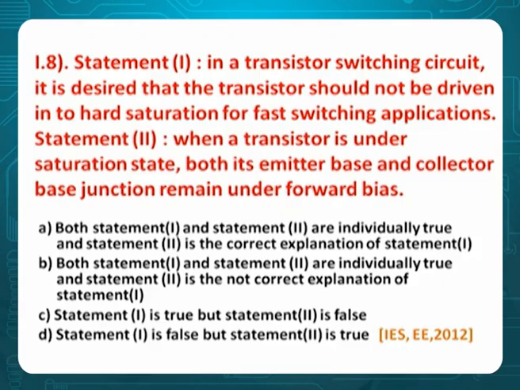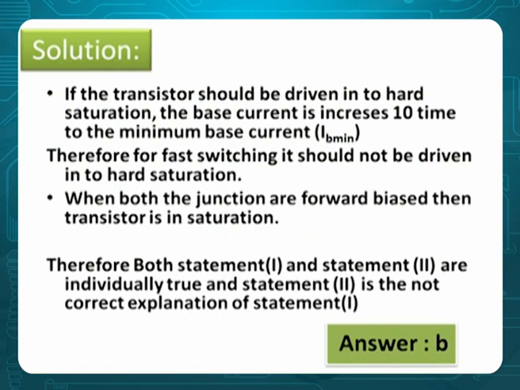Just because it is saturation doesn't mean that heavy current is flowing. Heavy current flows if you give more voltage and more current. Therefore, both statements are true. Option is B. Statement 1 and statement 2 are individually true, but statement 2 is not the correct explanation of statement 1. So option is B.